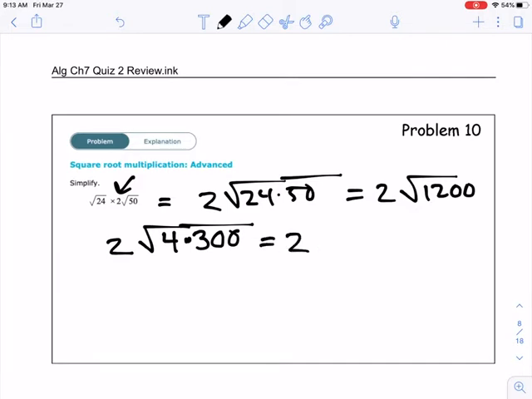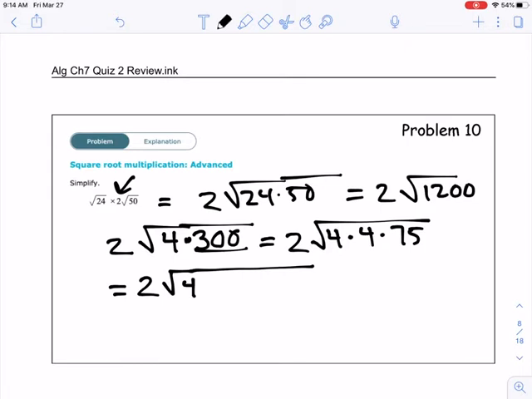So we'll go 2 times, I got my 4, and let's pull another 4 out because now we're going to break that up, and that would be 4 times 75. All right, then if I look at 75, I should be able to pull out 25, which is a larger square number than 4.